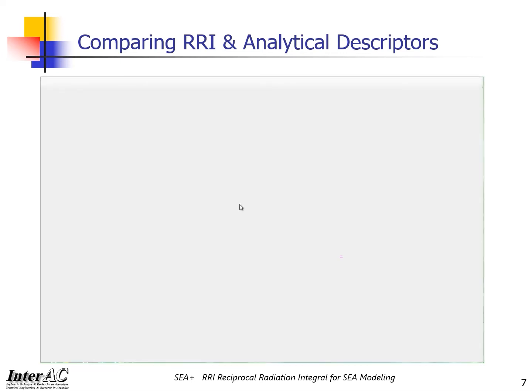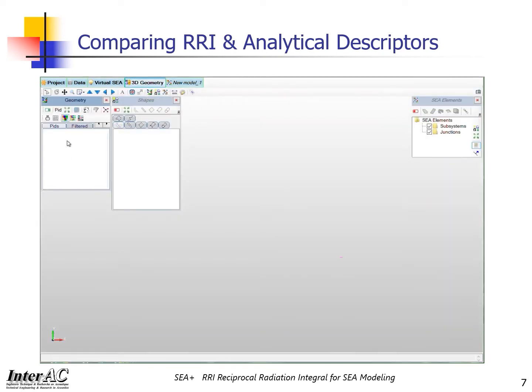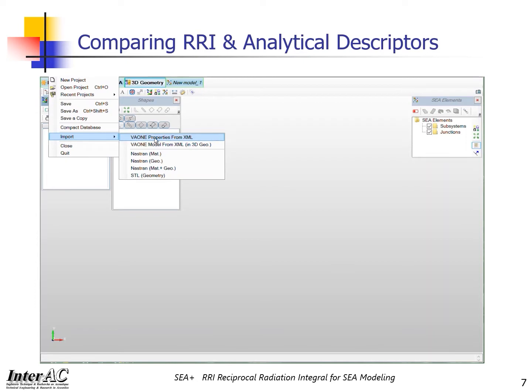Okay, now to get started with geometry, and to get a nice view, we just go to 3D geometry. From this I will go to File and import, in the 3D geometry window, the Nastran input file that contains material properties, section, and geometry.